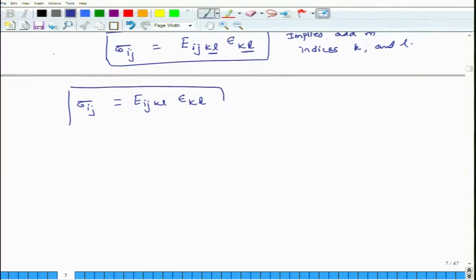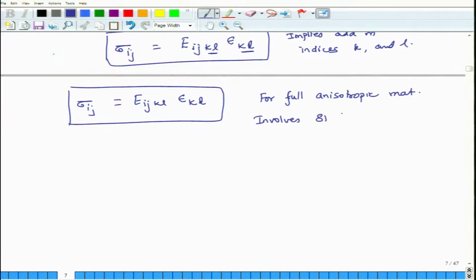This is the tensor equation for a fully anisotropic material, and it involves 81 constants, Eijkl.